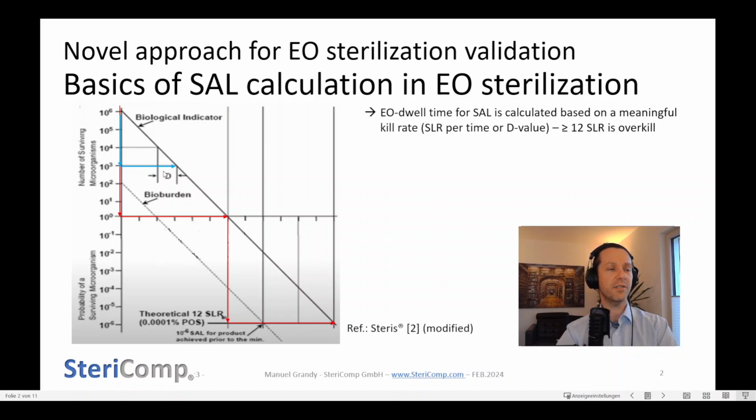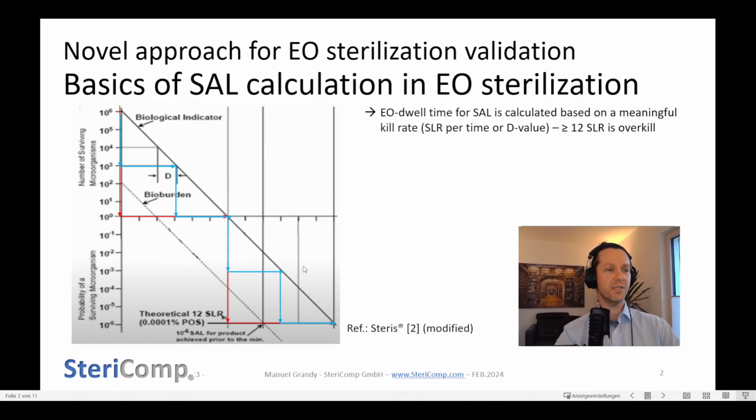Okay, so you have some survivors. And now you just take the 3 spore log reductions in 3 hours and extrapolate again to the SAL of 10 to the 6, which would then theoretically, in practice different, but theoretically lead to a 12-hour cycle. So this is the very basics of this approach.